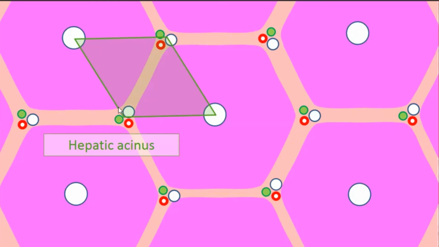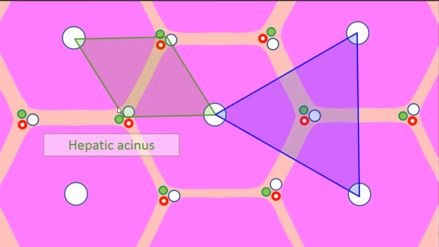Here we can see the hepatic acinus. And also, some scientists describe the portal lobule, a triangle between three central veins which surrounds the triad. So here we can see the portal lobule. These triads are surrounded by a thin layer of connective tissue which is called the portal tract, and the triangle which surrounds this portal tract is called the portal lobule.